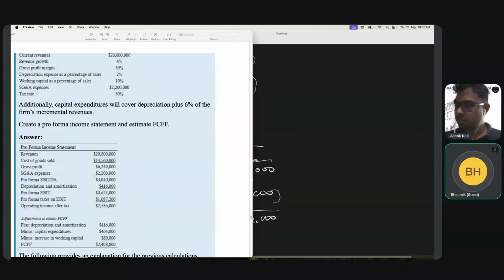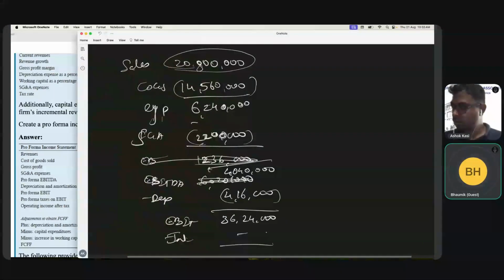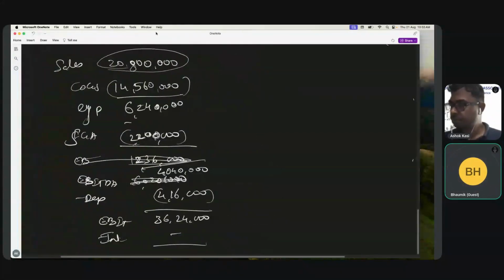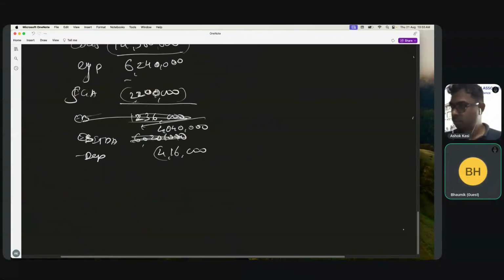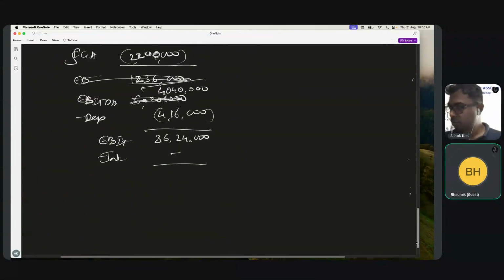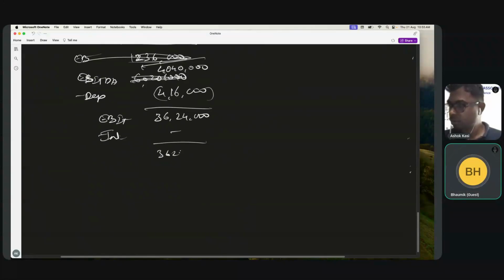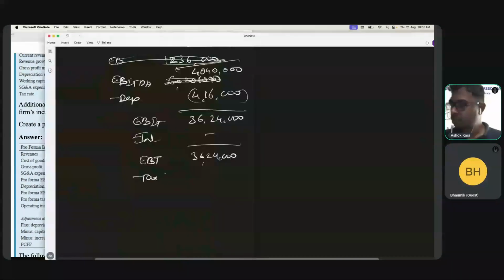Then tax is 30%. Interest is not there. EBT is 36,24,000. Tax is 10,87,200, that is 30%. 10 lakh 87,200.